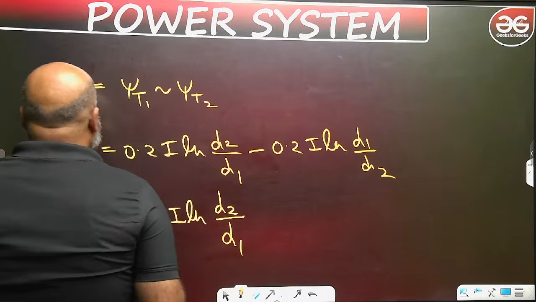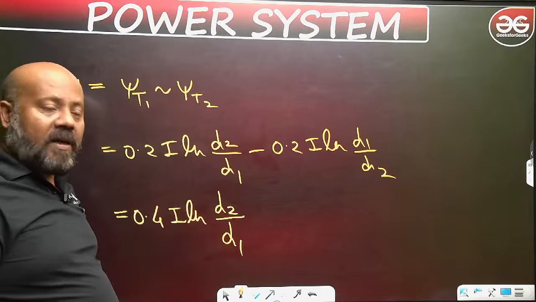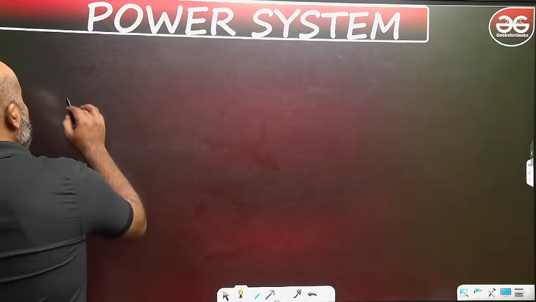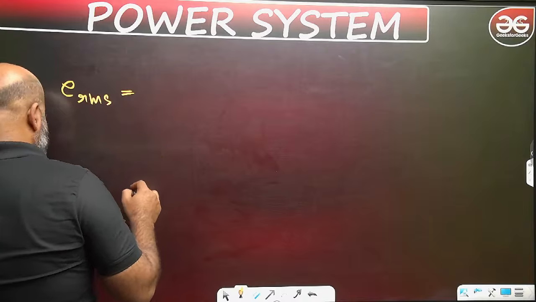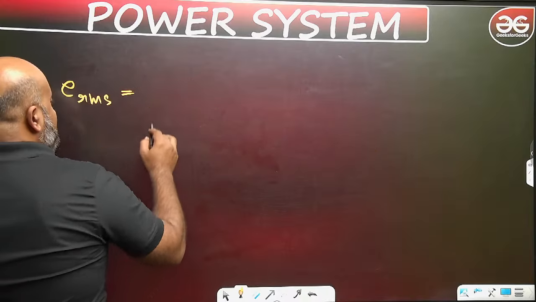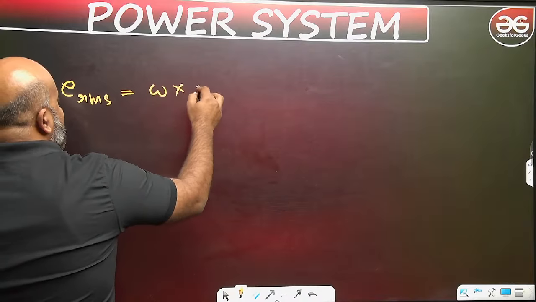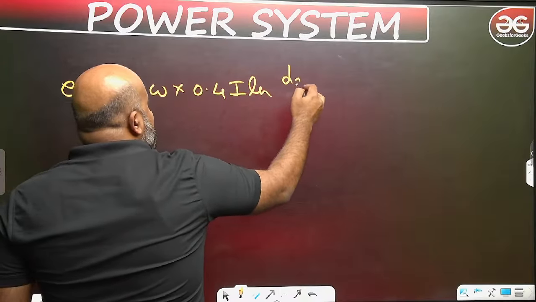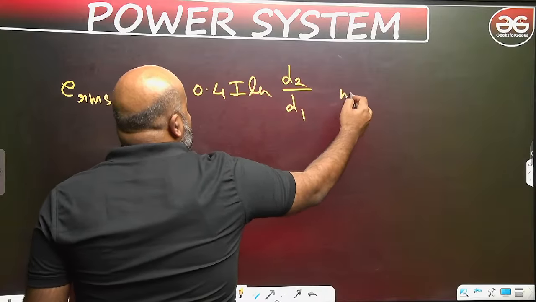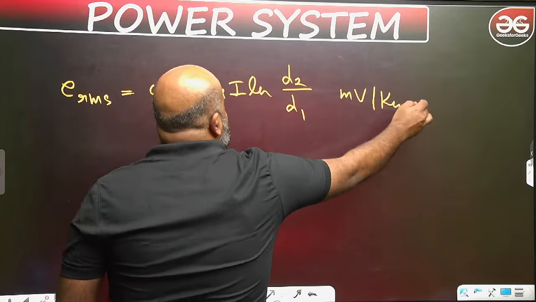If I multiply this flux with omega, I will get the RMS value of the EMF induced. So the RMS value of the EMF induced is omega multiplied by 0.4 I ln D2 upon D1, and it is millivolt per kilometer.